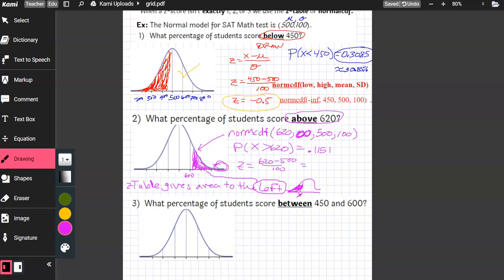You get 1.2. On the z-table, you look for 1.2, but remember that it gives you the area to the left. You don't want the area to the left. So what you're going to do there is subtract 1 minus whatever the table gives you, which should be about 0.8849.